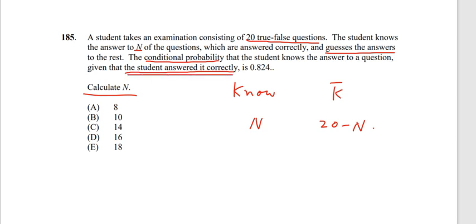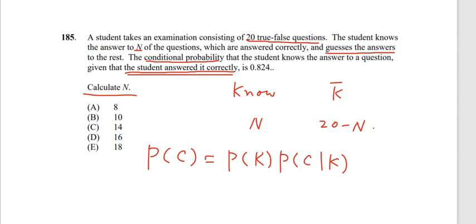So we put this as the probability for the case of answering correctly, C. So we have two cases. If this guy knows the answer, then under this condition, he answers correctly.